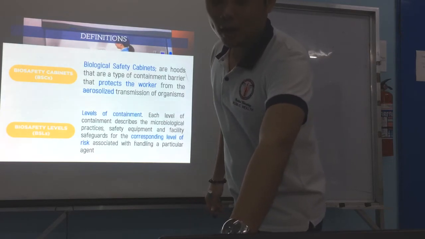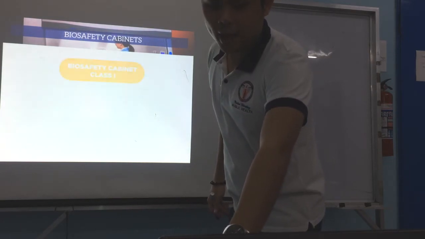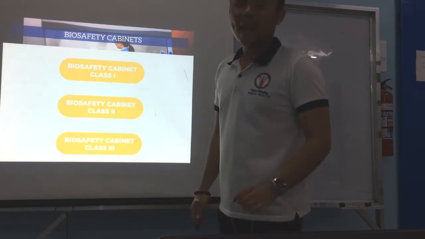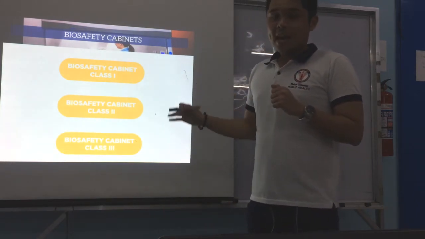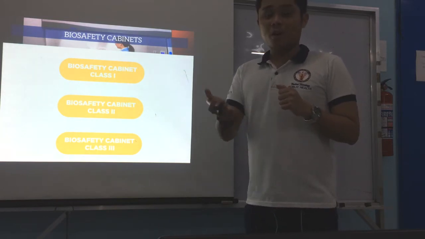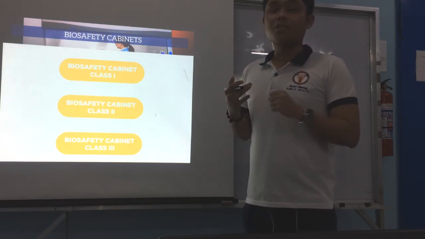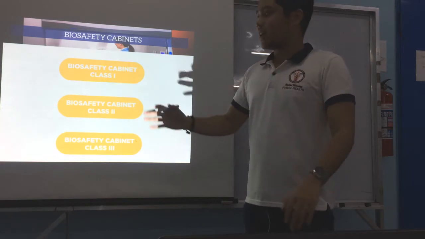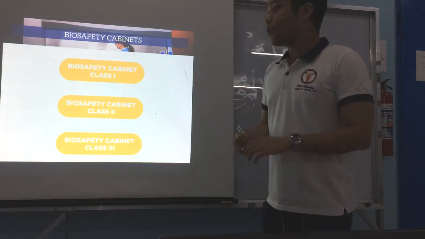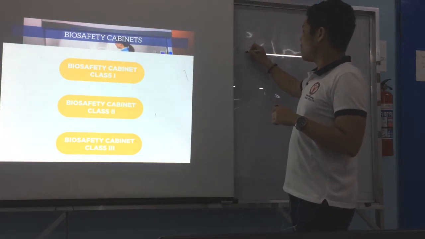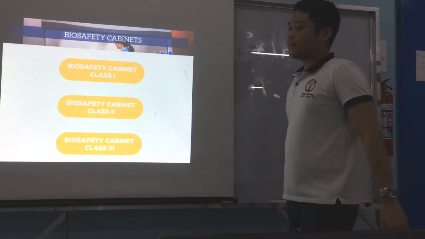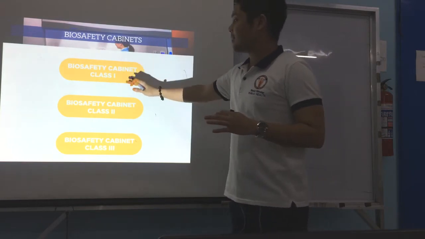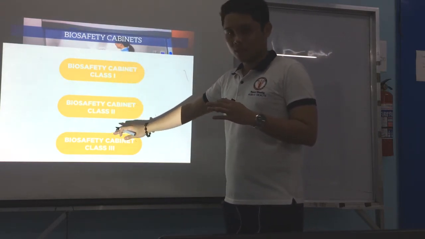Now we start with biosafety cabinets. Biosafety cabinets have three major classes: class 1, class 2, and class 3. According to Mahon, which is your main reference for bacteriology, there are three major classes. But according to Bishop, which is your book in clinical chemistry, there are different subclasses under class 1 and class 2.